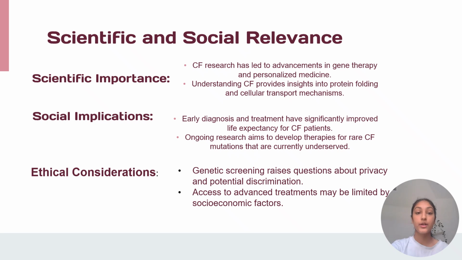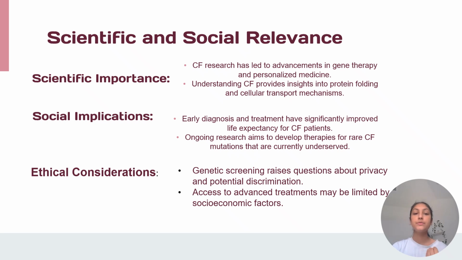Scientific and social relevance. CF is one of the most common genetic diseases, mostly in Europeans, and I think it helps scientists understand how genes control cell function. It is written over here as well. CF research has led to advancement in gene therapy as well as personalized medicine. Understanding these insights helps in making medicine.